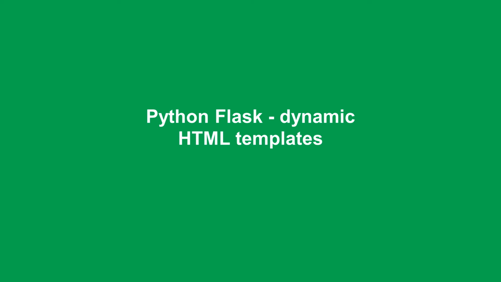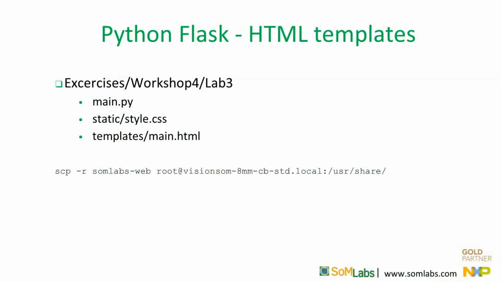In the previous example, we responded to the browser with the string it then displayed. This time, however, we will modify the example to send back HTML content in response, but with the possibility of its dynamic modification. The sources of the example are in the exercises workshop 4 lab 3 directory.